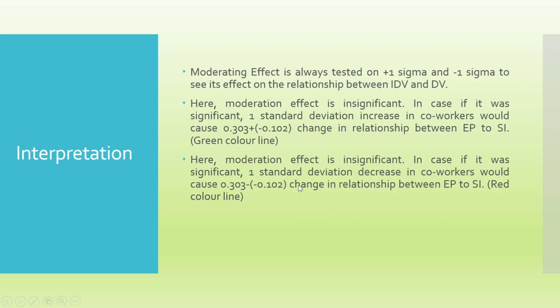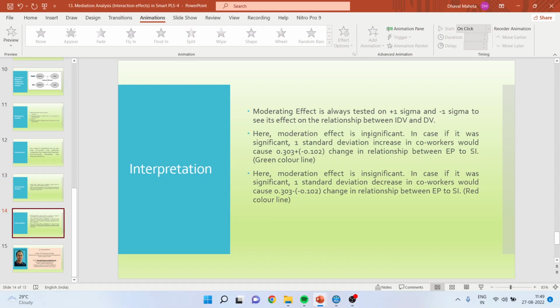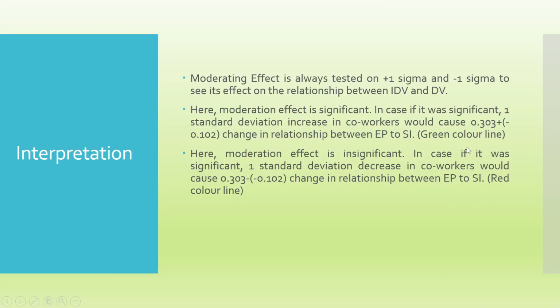Now, in our case, as it was significant, so how we will write moderation effect is here. I'll have to make a small change. Moderation effect is significant. In case if it was significant, 1 standard deviation increase in co-workers would cause how much change? The change is plus 0.303 plus minus 0.102.